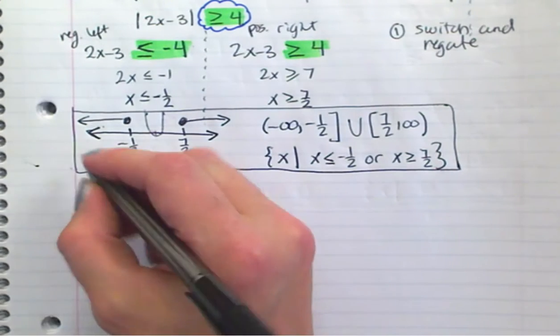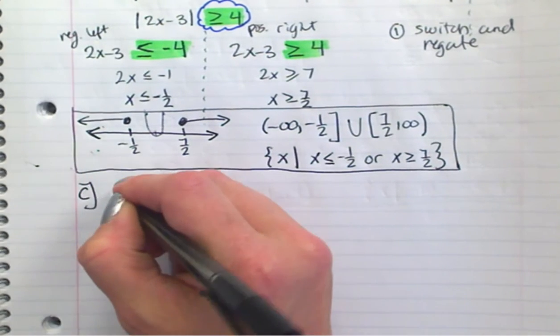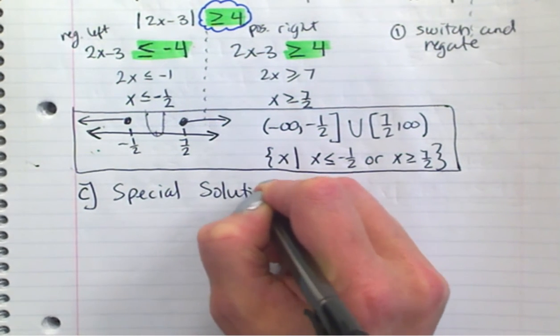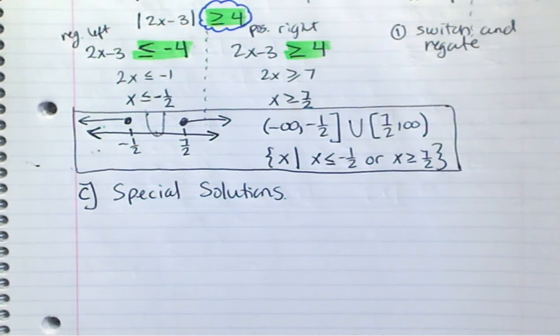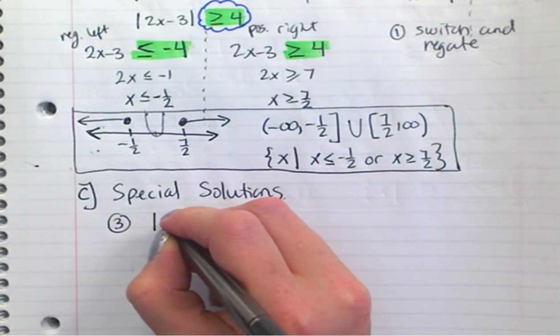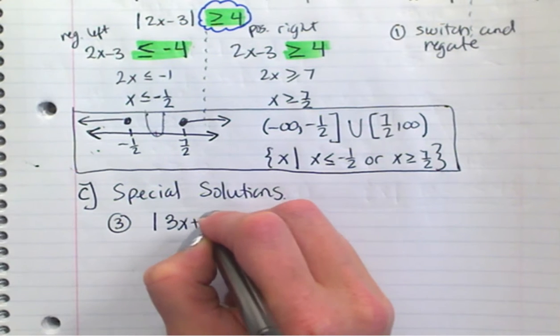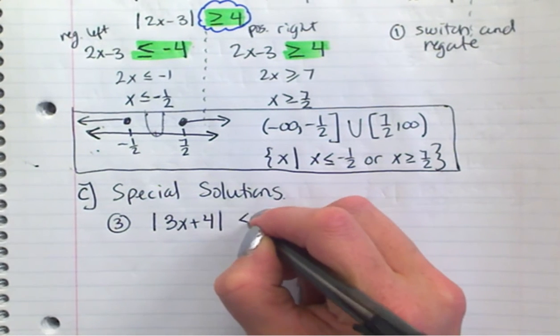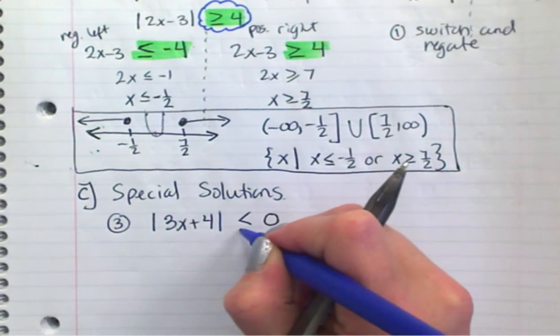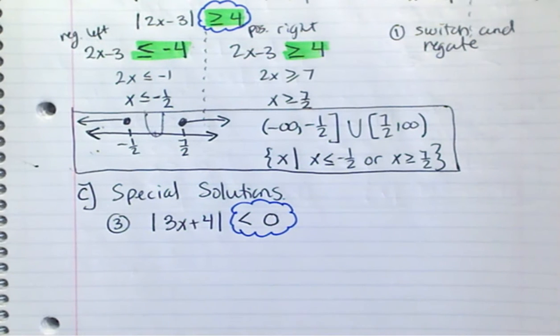One last thing. Special solutions. The ones you don't solve, right? The no solutions. We're always checking that portion of an absolute value statement.